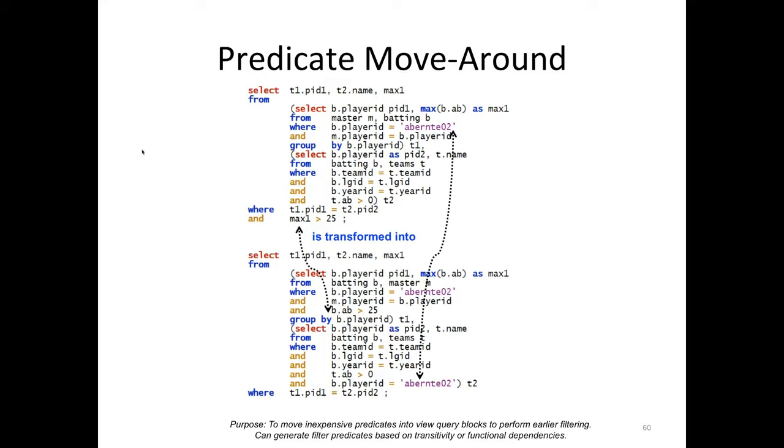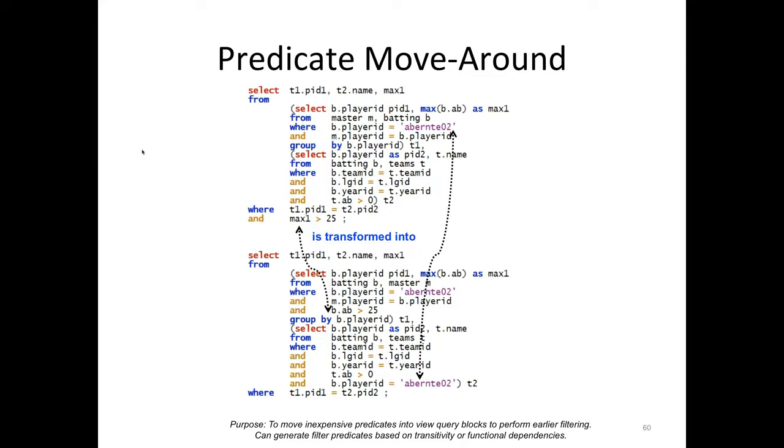The other thing that occurs in this particular example is that when you have a predicate that can be duplicated, in this case we're actually joining the two tables on the player ID. So if my first subquery had a condition where player ID equals the value shown there, I can actually include that in both of the queries in order to, once again, filter as soon as possible.